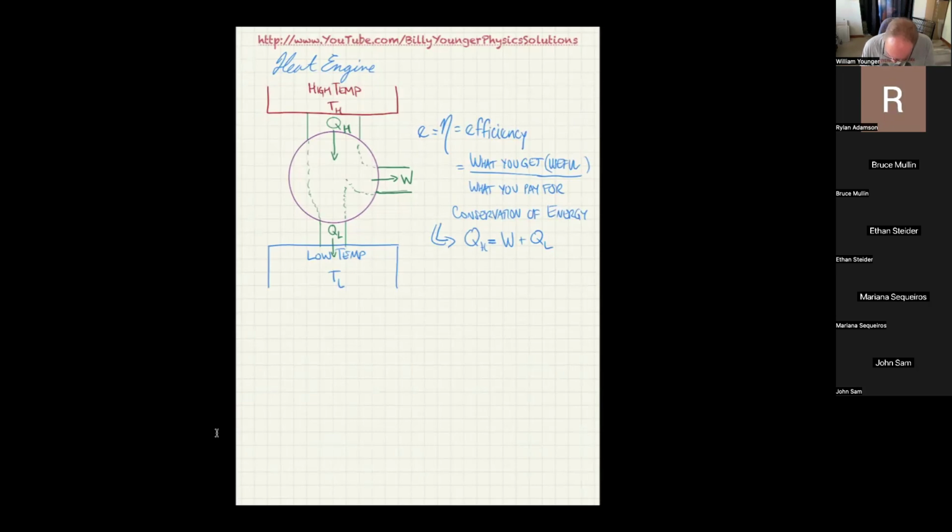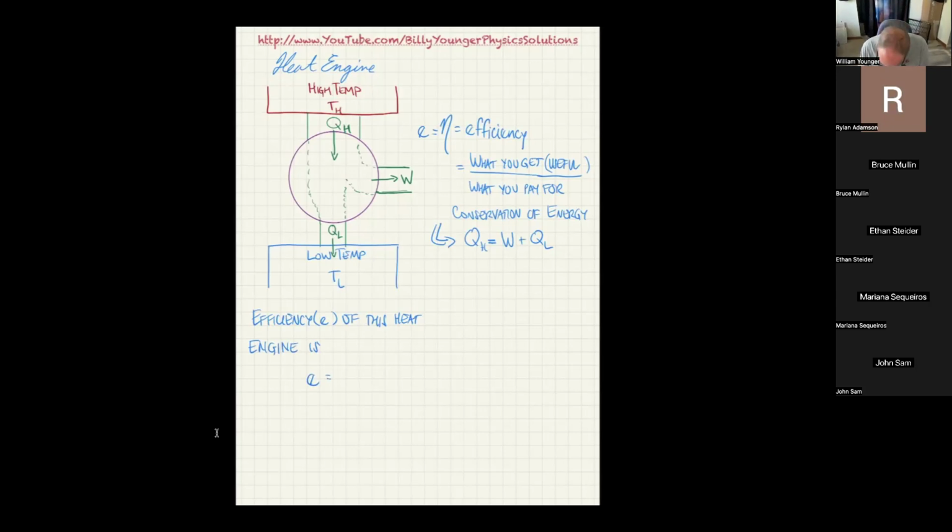So for this heat engine, the efficiency E of this heat engine is equal to what you get, what's useful.